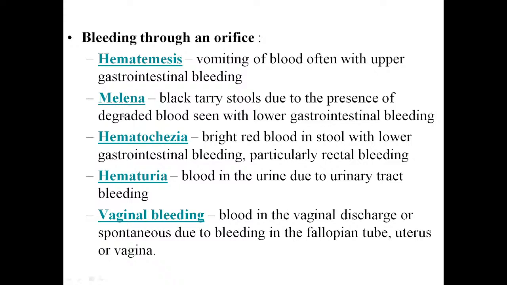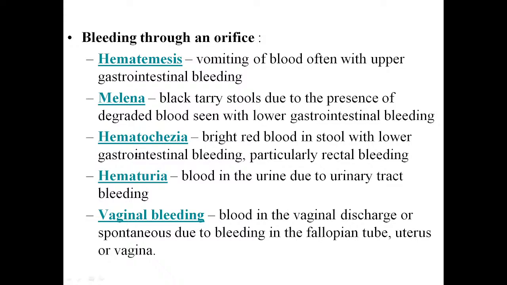Next symptom, melena. What is melena? It's a black tarry stool due to the presence of degraded blood, seen with upper gastrointestinal bleeding. I repeat, it is the presence of degraded blood.